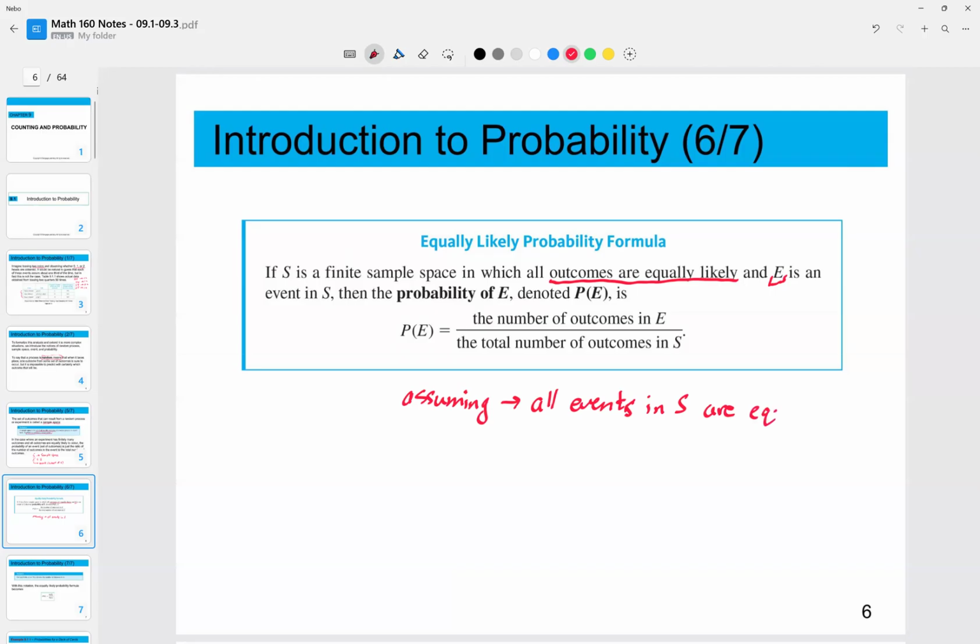Now, this is pretty much the only type of probability we're going to be talking about in this video, but there are many other types of probability where things are not equally likely. What we're doing is actually called a uniform distribution. It's the technical term. But anyways, for these simple cases we're going to work through, we're going to be assuming this, that the probability of any event is just the number of outcomes in that event divided by the total number of outcomes in the sample space.